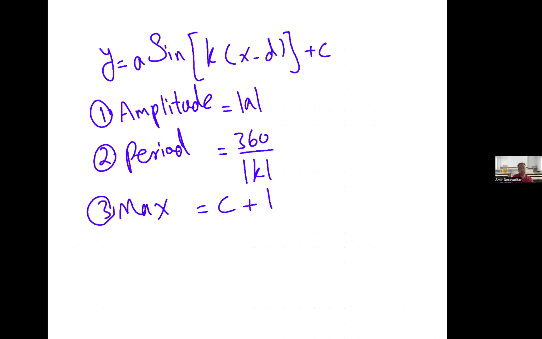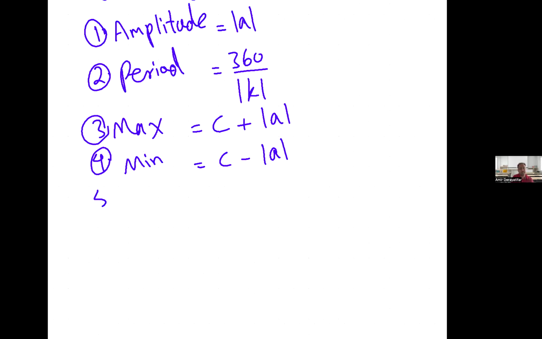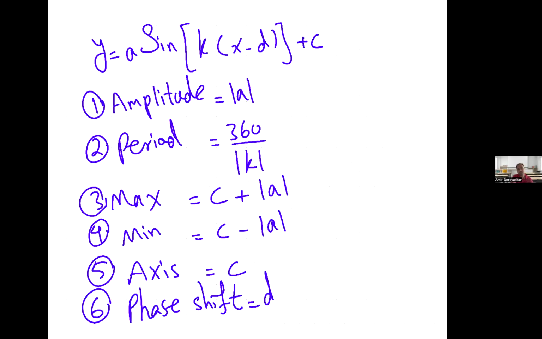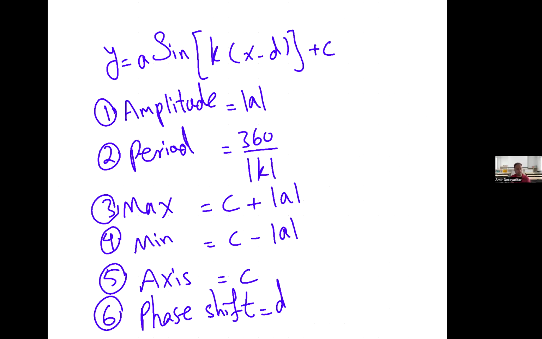Number 4, the minimum would be c minus the absolute value of a. Number 5, the axis of symmetry, or axis in short, is just c. And number 6, which is called phase shift, that will be d. Using these 6 pieces of information, you can graph any sinusoidal function, sine or cosine, right?